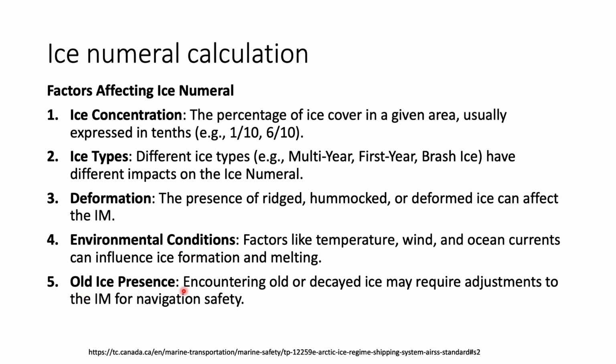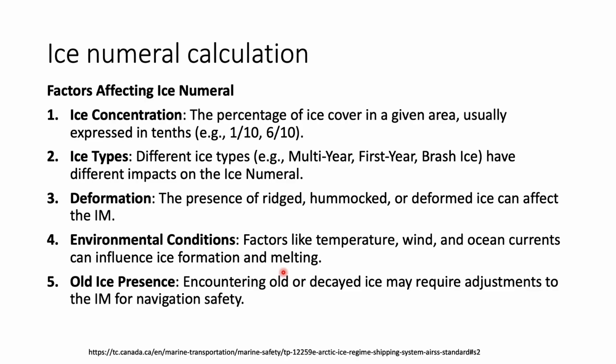Old ice presence, that means encountering old or decayed ice, may require adjustment to the IM for navigational safety, because everybody knows the biggest story, the Titanic. The Titanic was hit by an iceberg. So that is where safety was taken up after the Titanic accident. Everybody started looking at various ways how a vessel can be safely traversed through icy conditions.